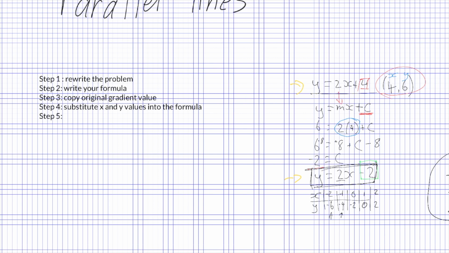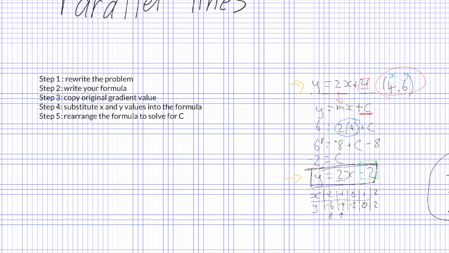So, step 5, we're actually going to start to rearrange the formula to solve for c. Now, all that's telling us is that we are going to start to solve what we can and then cancel them out.